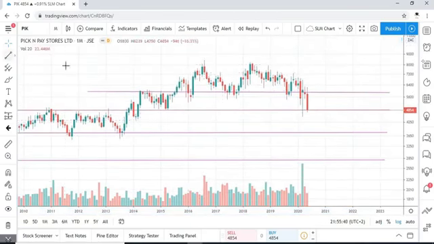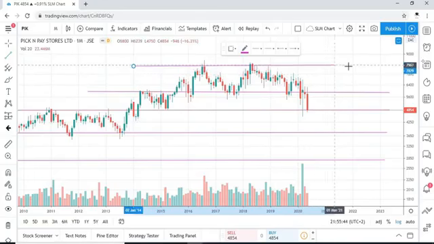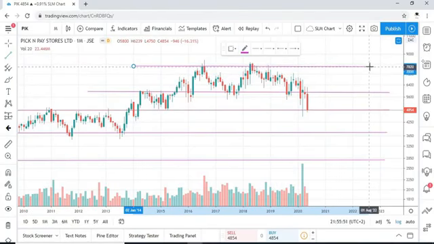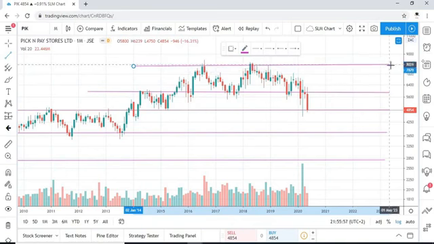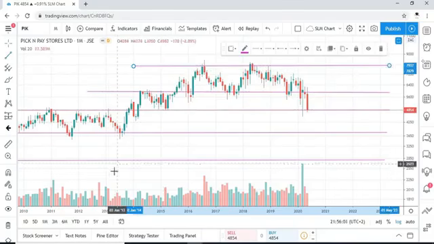If we want, we can add another line at the top there, because we can see there's a level that was touched and it was acting as resistance. So when our setup is like this, we have now identified our lines of resistance.